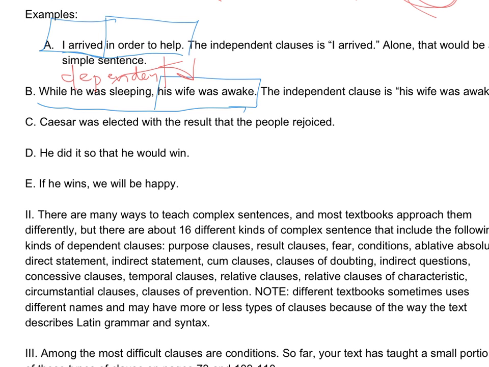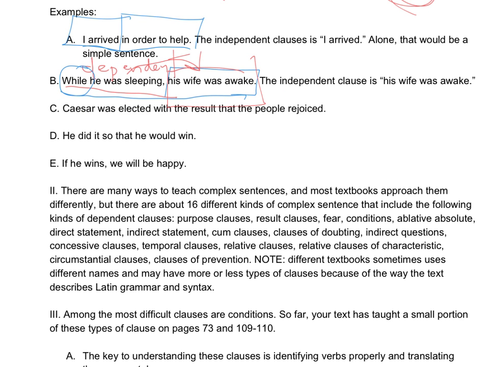His wife was awake is a complete sentence in and of itself. So you take a simple sentence, his wife was awake, and then you add a dependent clause to that independent clause. You coordinate them together with the word while, and now you have a complex sentence. I'm going to resize that there, make it more complete on the screen.